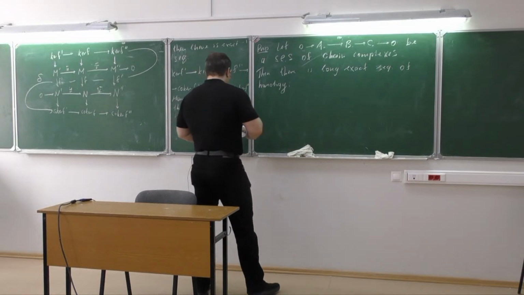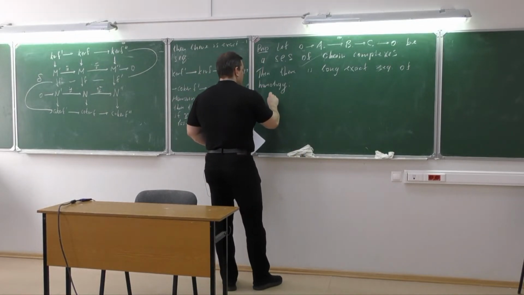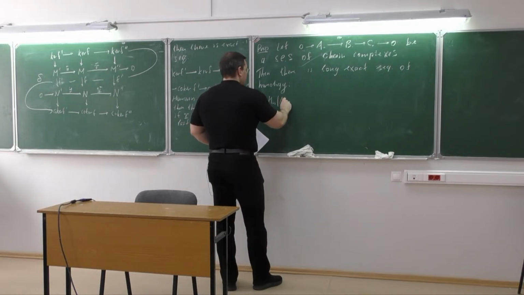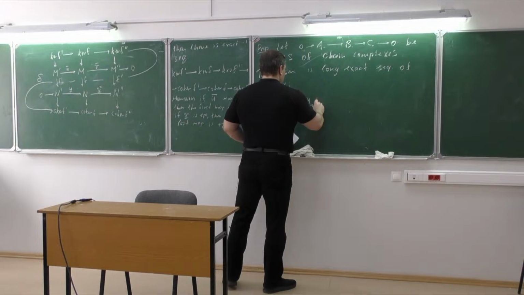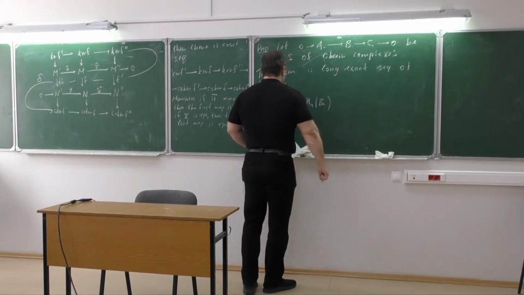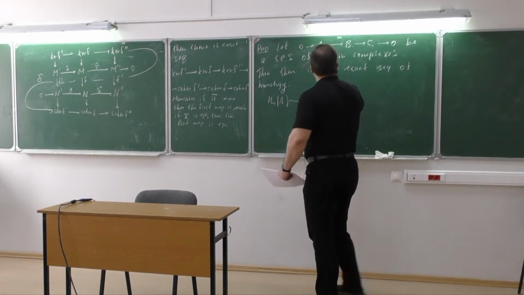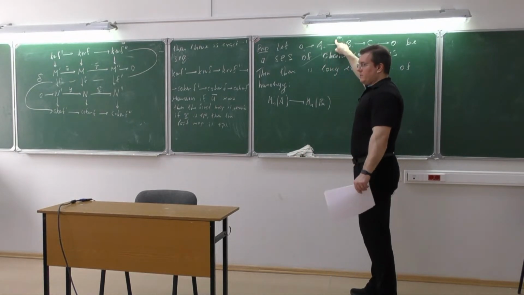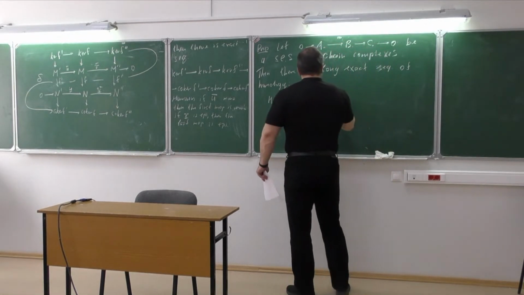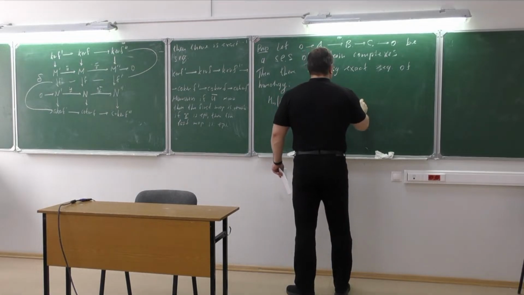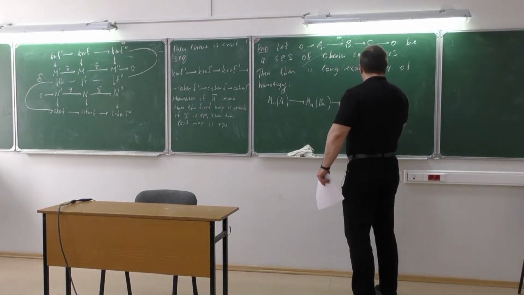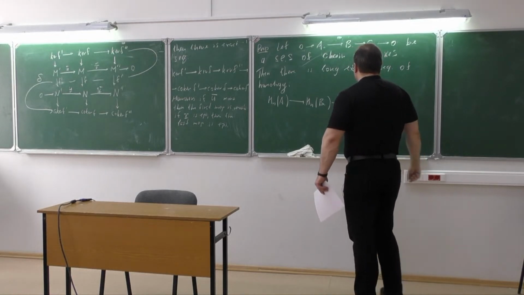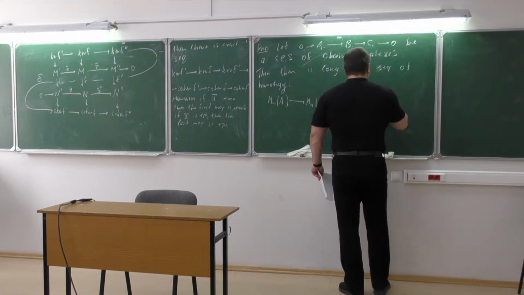Meaning the following: we can take the homology Hn of the complex A. These are mapped to the homology Hn of the complex B. This is not a surprise, since this is a chain map, and any chain map induces a map on the homology. Then this is mapped to the homology Hn of the complex C. And then there is, again, some connecting homomorphism delta to the homology with the index n-1.